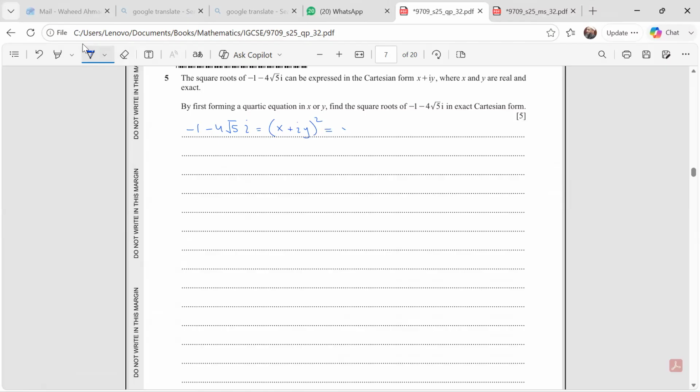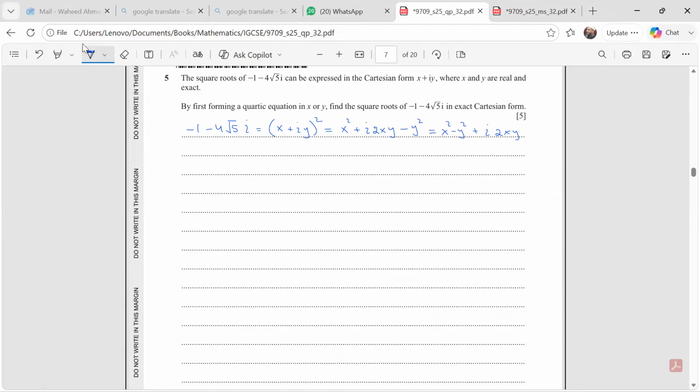If I expand it, it's going to be x squared plus iota 2xy, plus iota squared y squared, which becomes minus y squared, because iota squared is -1. So if I split it, the real part is x squared minus y squared, and the imaginary part is iota 2xy. Now you can see there's a real part and an imaginary part.